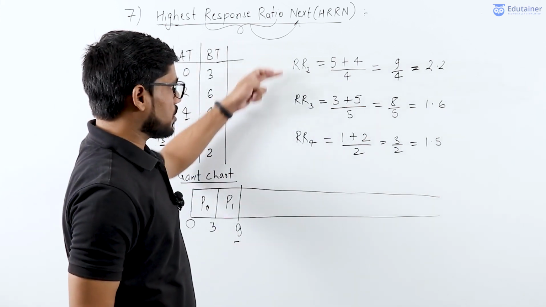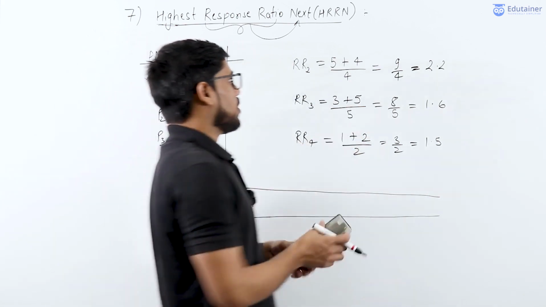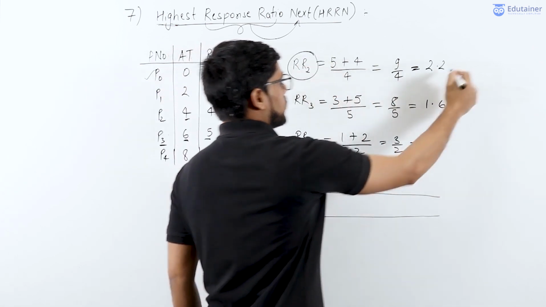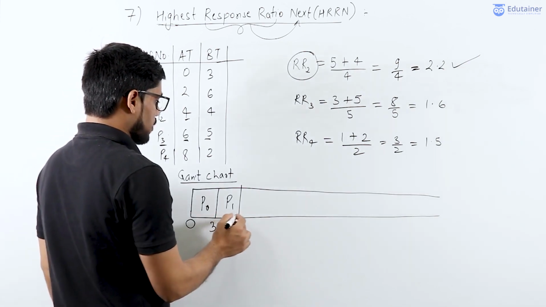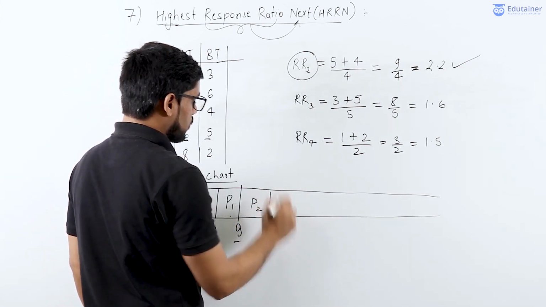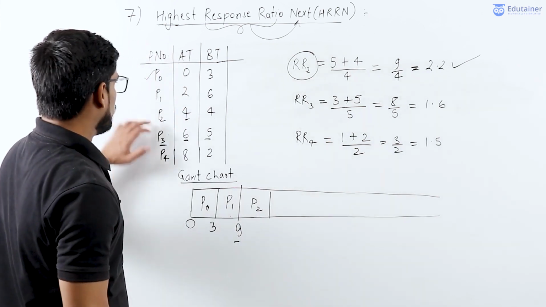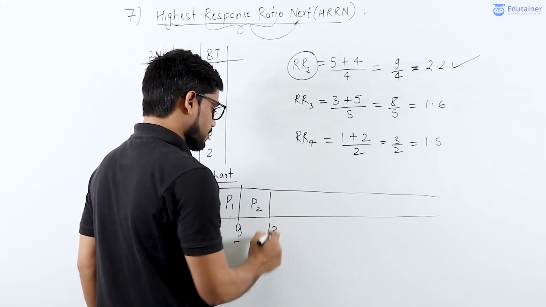Out of these 3 response ratios, which one has the highest number? Definitely the response ratio of P2 is the highest. So after P1, the next process to be scheduled is P2, and P2 requires 4 units of time. So 9 plus 4 is 13.